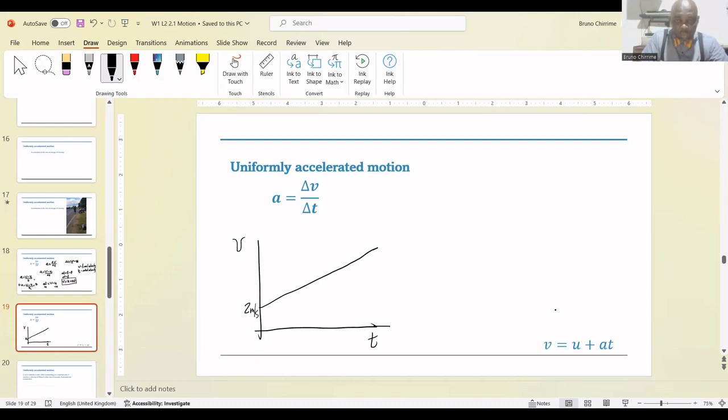Okay, so we want v at the end. In this case, let's say v is unknown, and this takes place during a time span of 18 seconds. In 18 seconds, this object that started with a speed of 2 meters per second, how fast was it? What is the final velocity of this object?